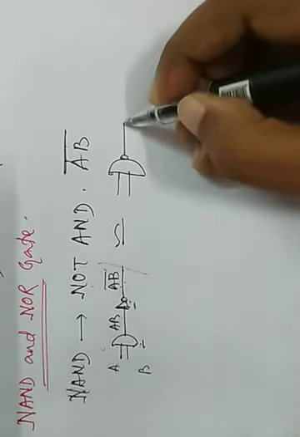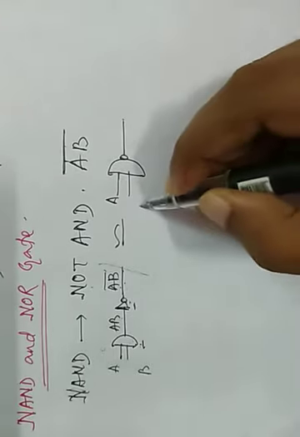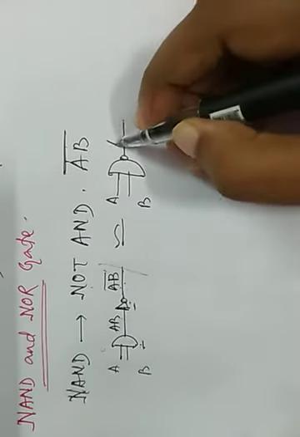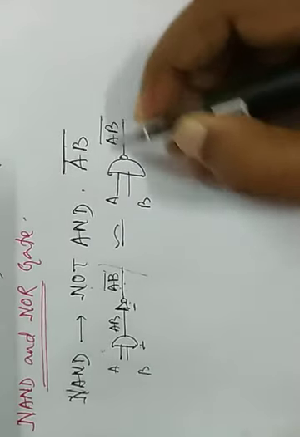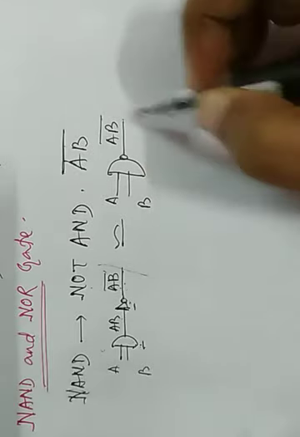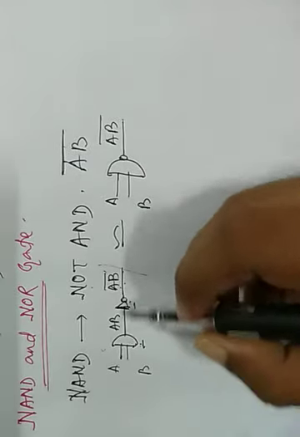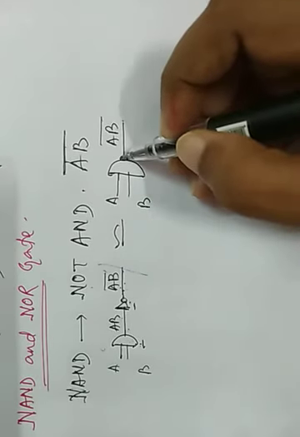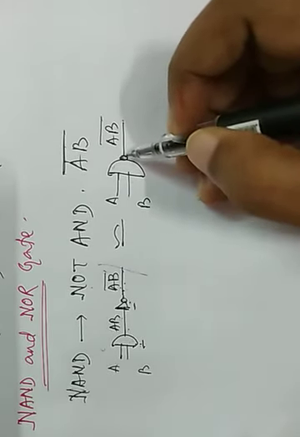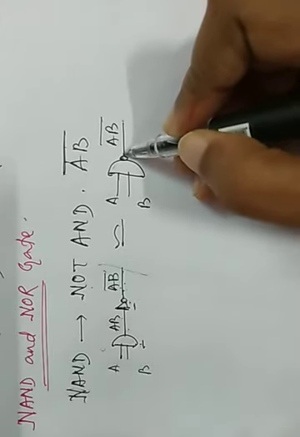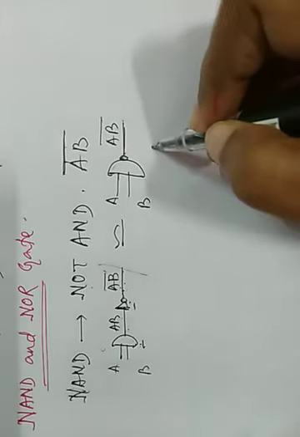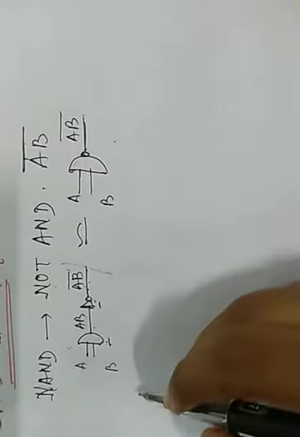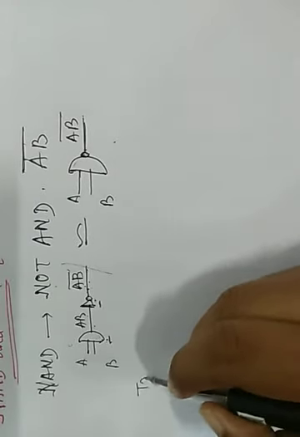This symbol is like this. The NAND gate itself is a gate which functions like the complemented value of an AND operation. So if we put a circle in front of an AND gate, this type of gate is known as a NAND gate.